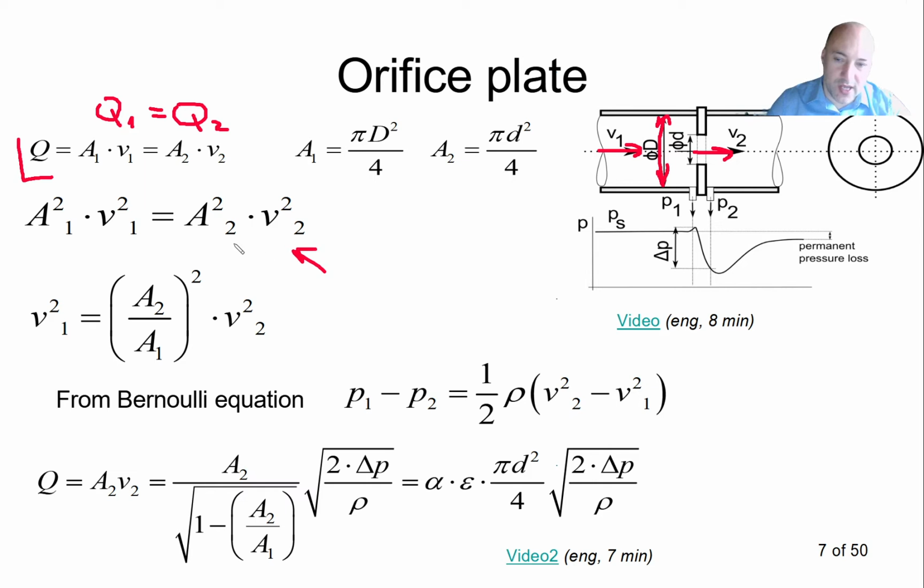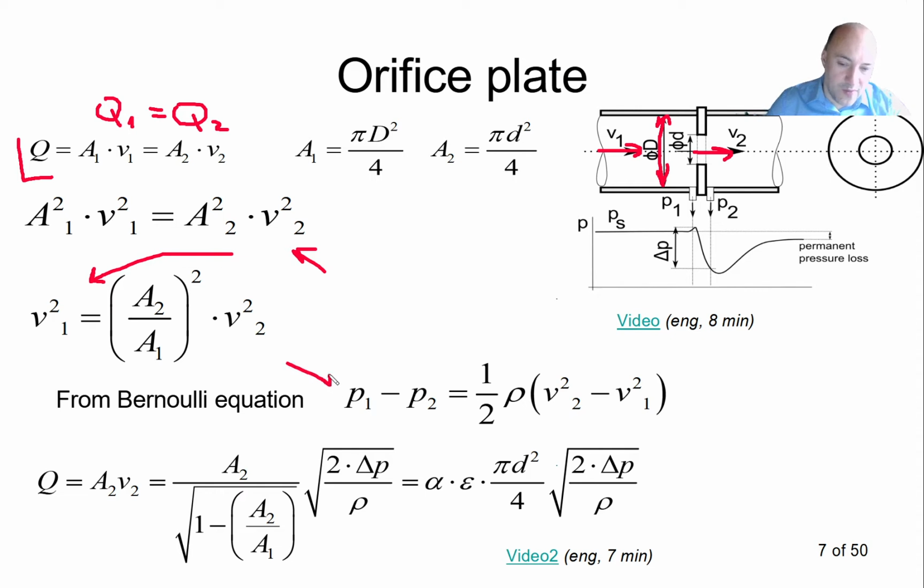We can actually square this equation, because later we will need this in the Bernoulli equation. So we can express the velocity v1 as v1 squared, and that's equal to this part, and we'll later need this in the Bernoulli equation.